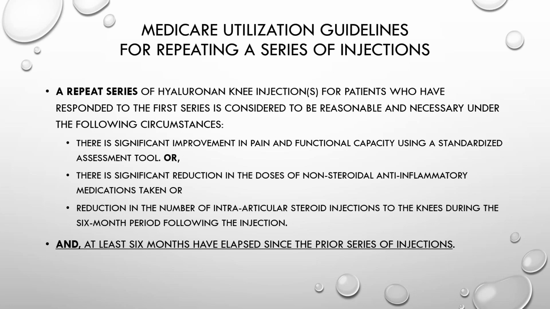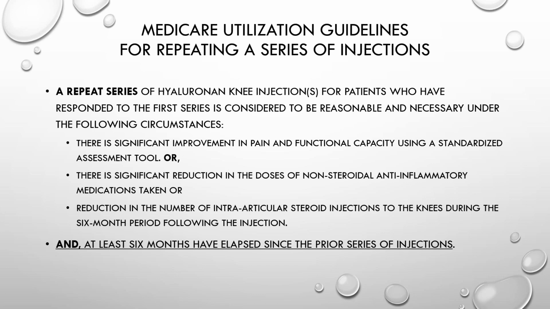They've had significant improvement in pain and functional capacity. They've had significant reduction in the doses of NSAIDs that they've had to take, and there's been a reduction in the number of intra-articular steroid injections to the knees during the 6-month period following the injection, and at least 6 months have elapsed since the prior series of injections.